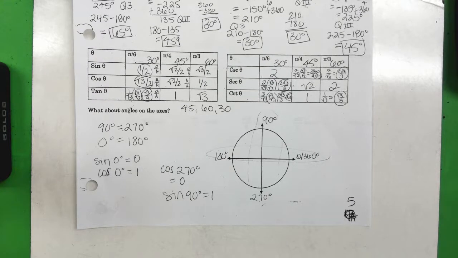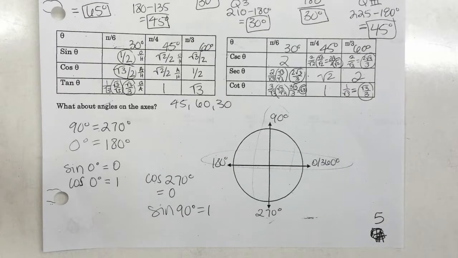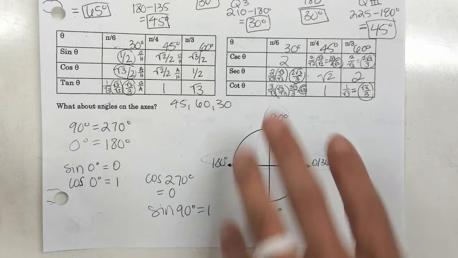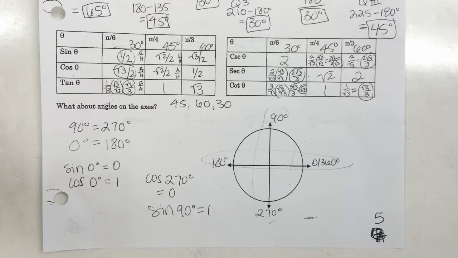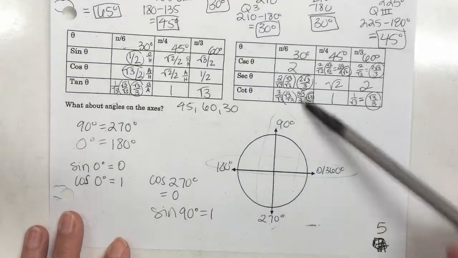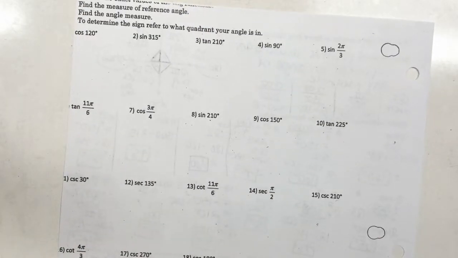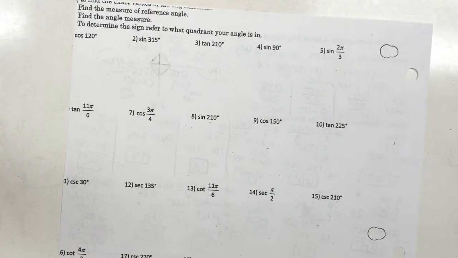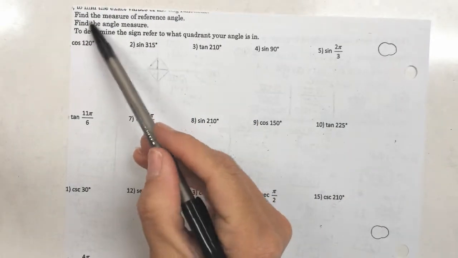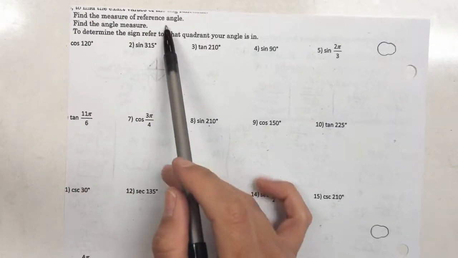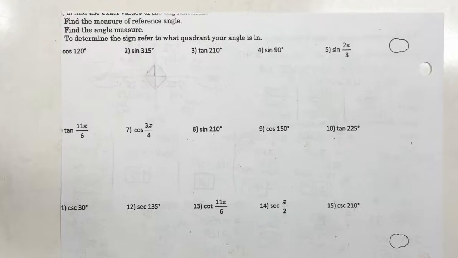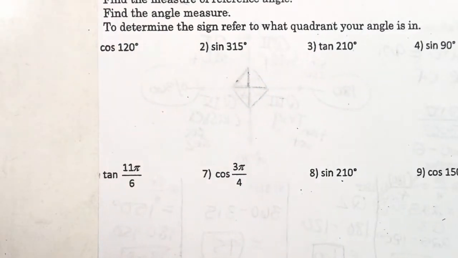Alright. We'll practice the hand trick some more on the back. Flip it over. So now that we are good with reference angles, and we've kind of memorized this part, we are going to use it to find the exact value of all of these, with no calculator, just your hand. First step, we're going to have to find the reference angle. That's what we have been doing on the front, okay?